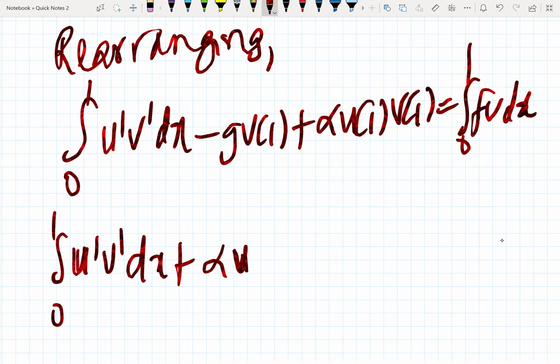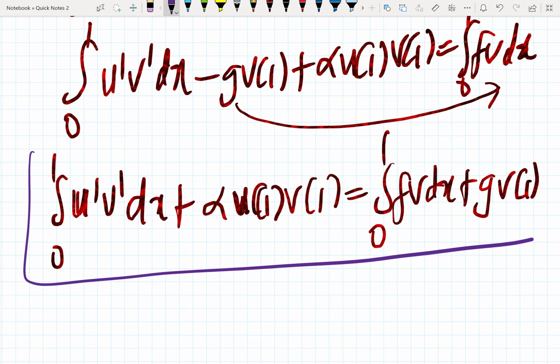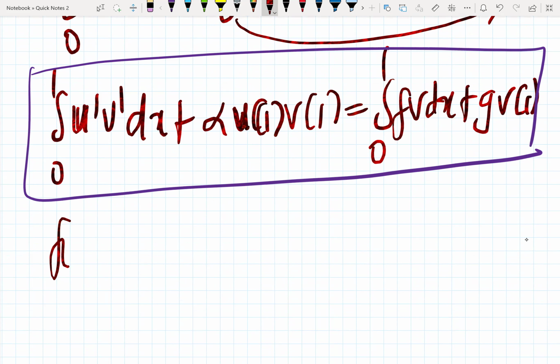So we have this expression now, and that happens for all admissible test functions v.